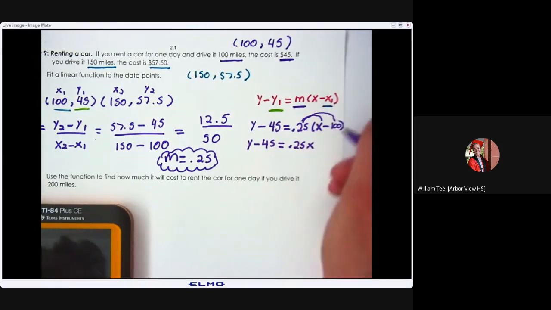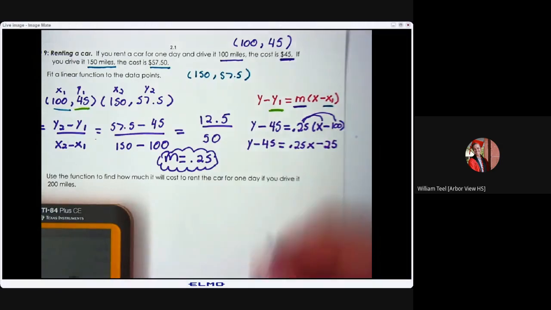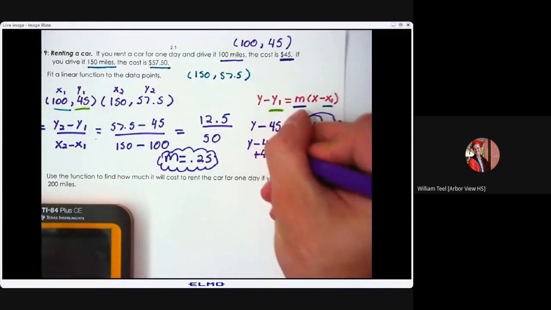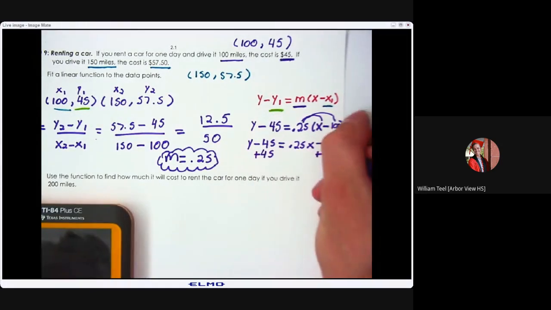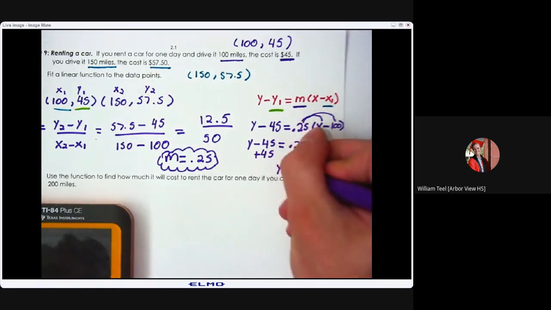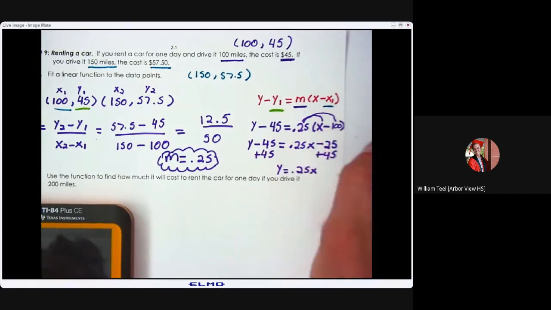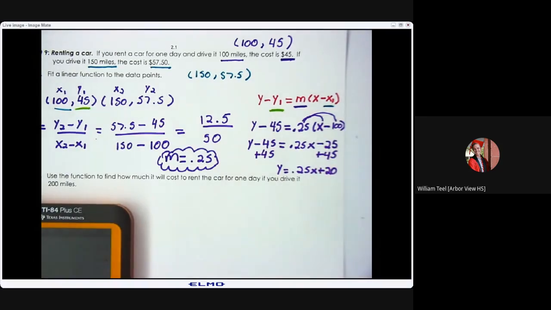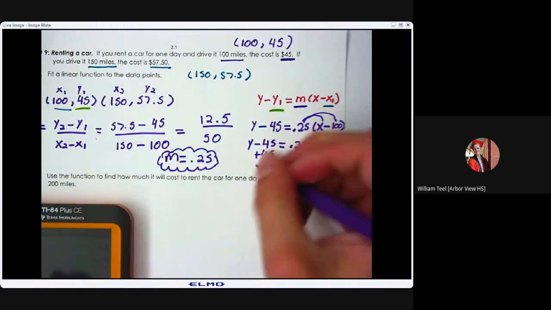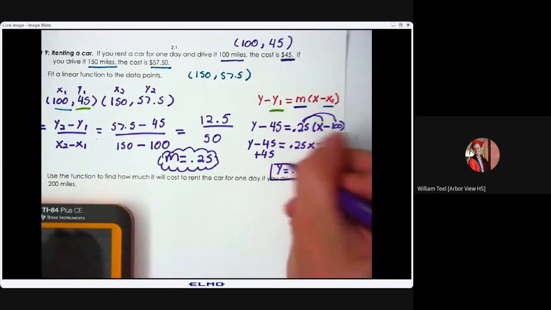And then 0.25 times negative 100, that is going to be negative 25. Now I'm going to get all of my terms on the same side. So if I add 45 to both sides, whatever I do to one side I must do to the other, I'm going to have y equals 0.25x. And then 45 minus 25 is just going to be plus 20. Okay, so this is going to be my equation that is represented by this situation.